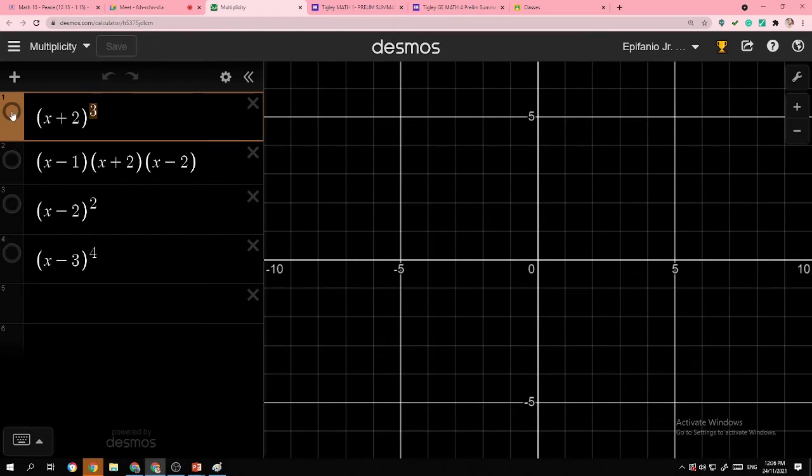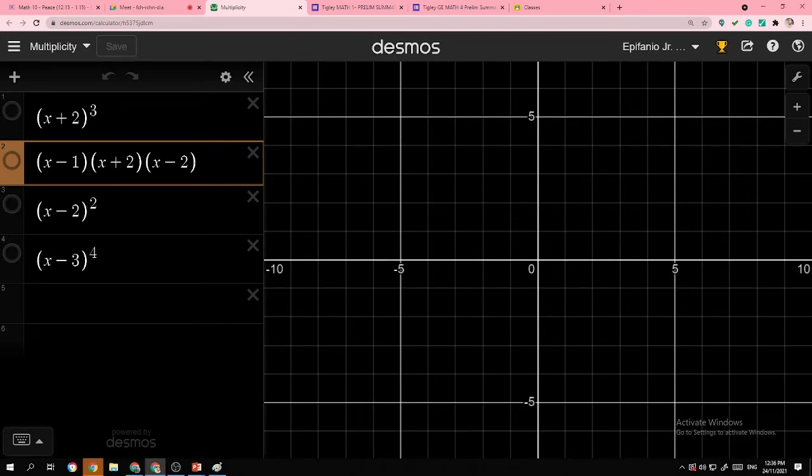Look at number 1 and number 2. The multiplicity here is simply the exponent. What is the exponent in number 1? 3. What is the exponent of this x minus 1? 1. What is the exponent of x plus 2? 1.